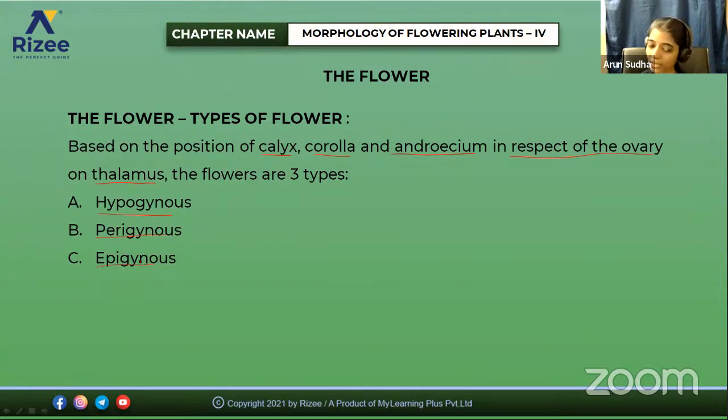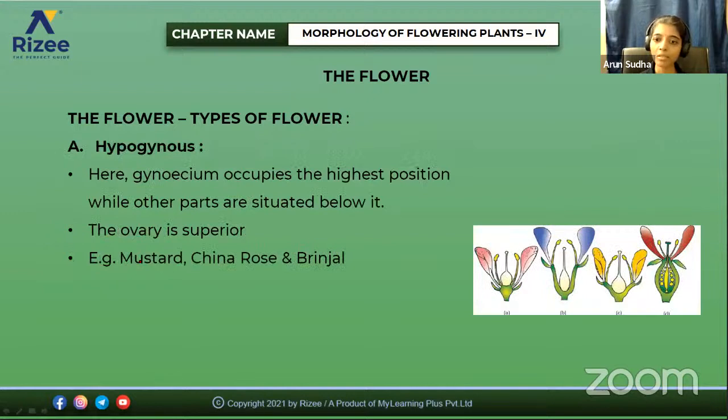So what do we mean by hypogynous, perigynous and epigynous? If you take the different types of flowers, here the gynoecium occupies the highest position, while other parts are situated below it. This is an example of a hypogynous flower.